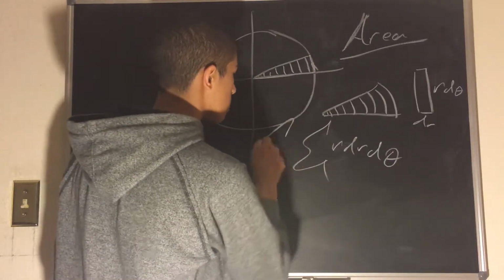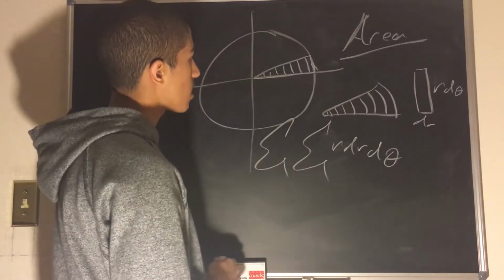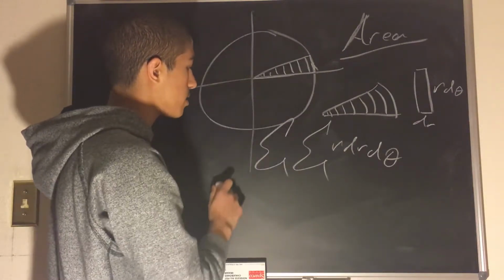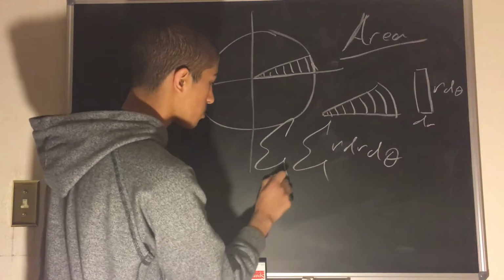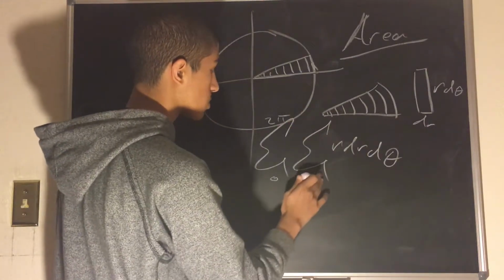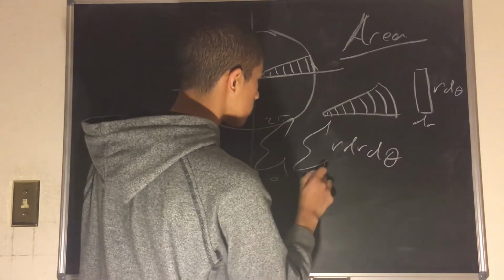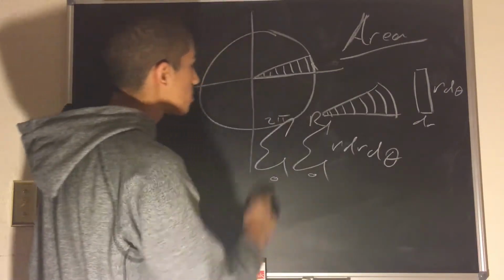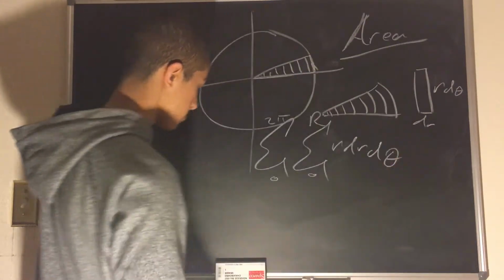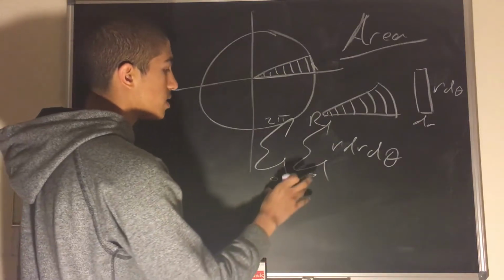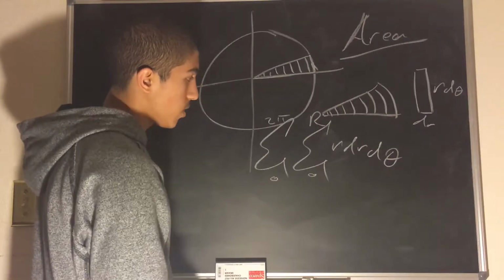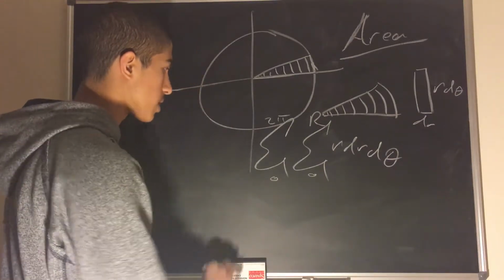So we'll have to sigma again, because we're adding up each tiny sector, and the limits over here will be 0 to 2 pi, and the limits over here, which is the variable r, will be 0 to big R, because we take the arc lengths going from 0 to big R. And now we have a double infinite sum of infinitesimally small components, which is, as defined, a double integral.